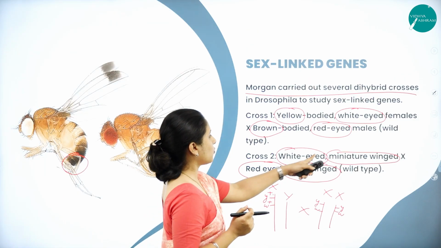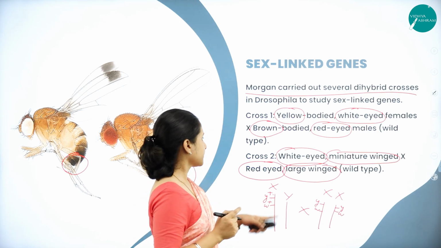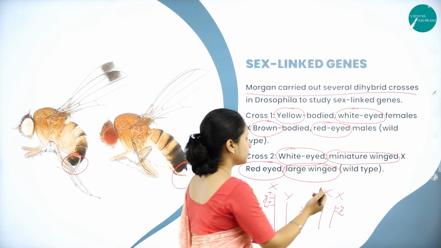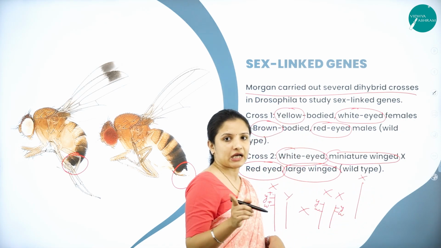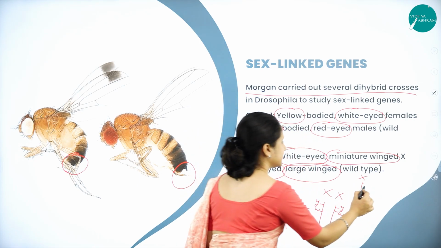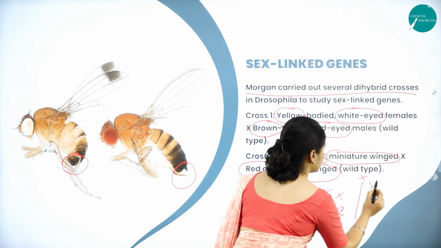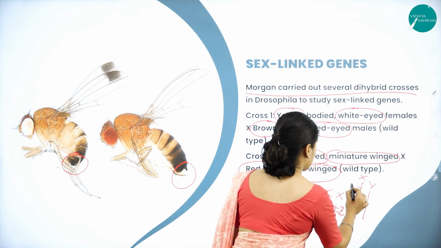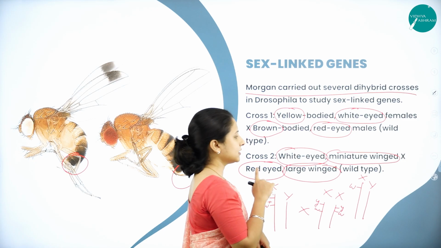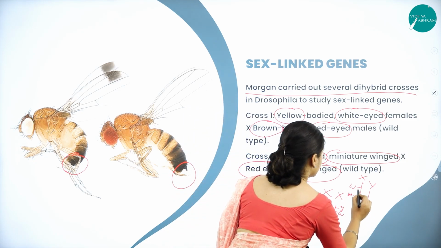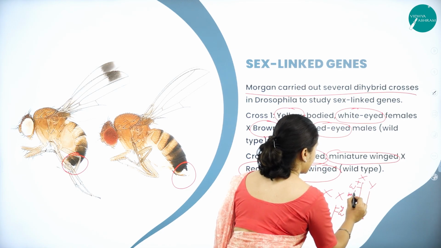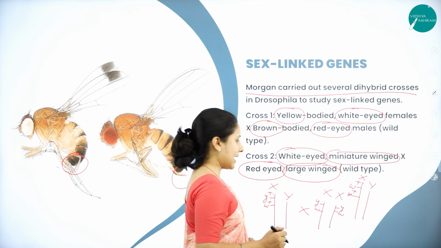So what did Morgan select? He selected a white-eyed miniature winged female. So he considered first the male. Males always have X and Y chromosomes. So in the X, there is W, which he used for the color of the eye, and M for the wing. So W plus, M plus and Y as it is.